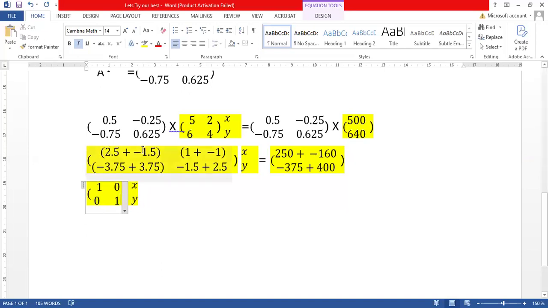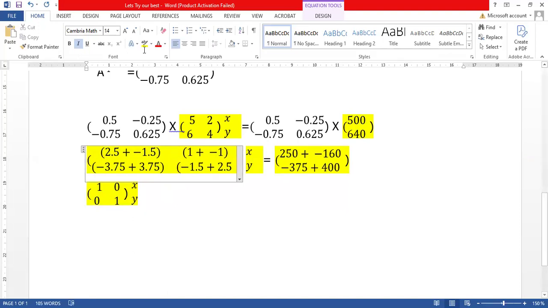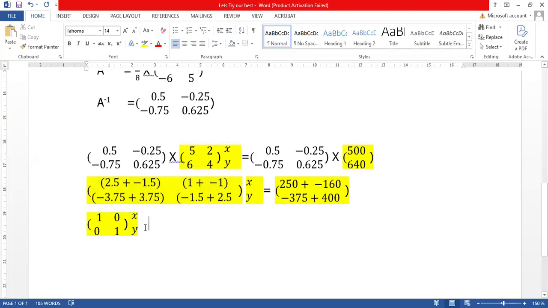Remember, what are we doing? We are getting 2.5 plus negative 1.5 to get this one. Here we are getting 1 plus negative 1. Then here negative 3.75 plus 3.75, you get 0. Just that I forgot to put a bracket. Colleagues, take note that when you're doing this and you don't get this kind of matrix at the end, you know that you're wrong.